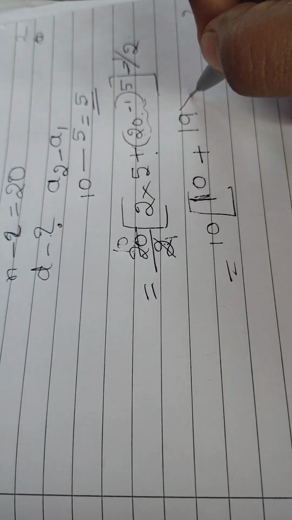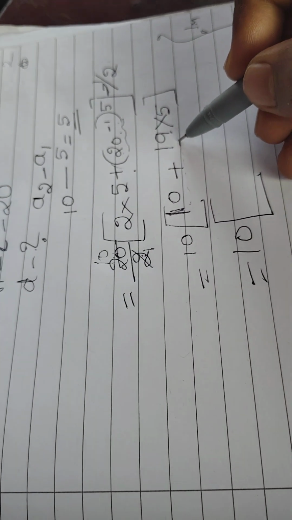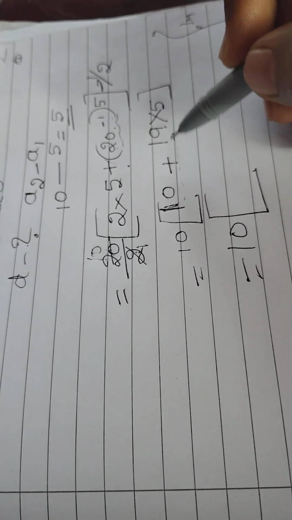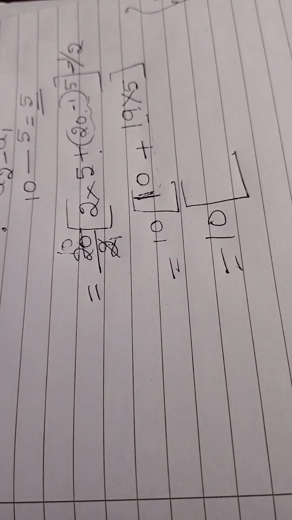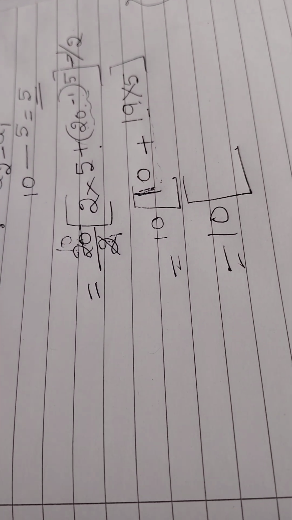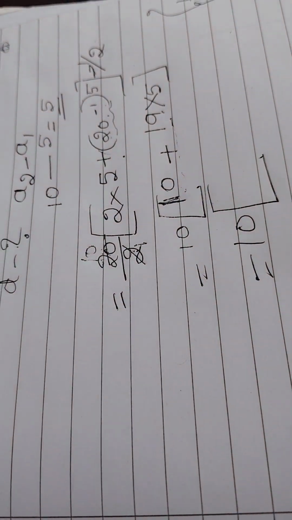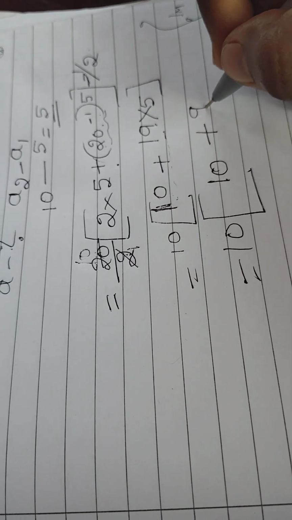Then the bracket means multiplication, so write 10 as it is. Now don't make a mistake. As I said in my previous video, you shouldn't add 10 plus 19. You have to multiply 19 into 5 first. 19 into 5 is 95. Okay, 10 written as it is.